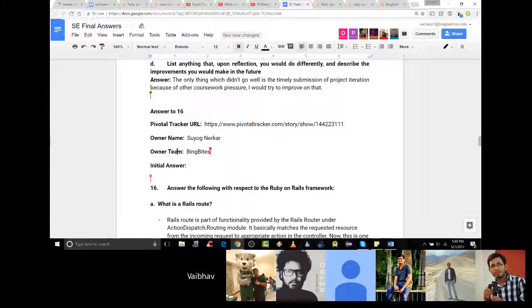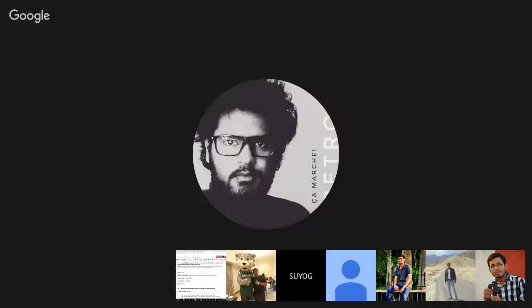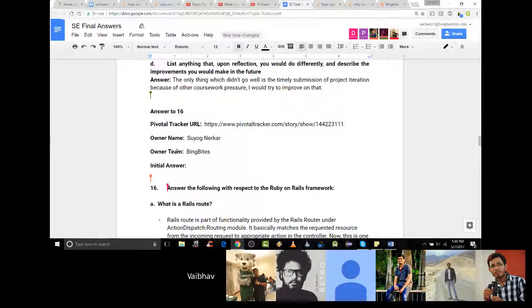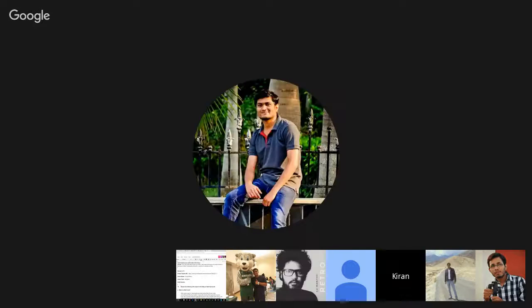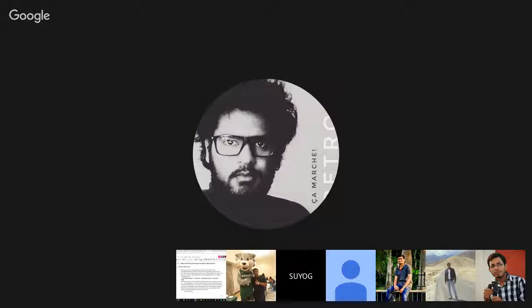Okay, so you go ahead. So I need to explain to you guys what this thing is. There were not many comments on my ticket. Basically the first thing is what is the Rails route, and I have tried to describe it as best as possible with examples and all. Just let me know if you find anything missing.